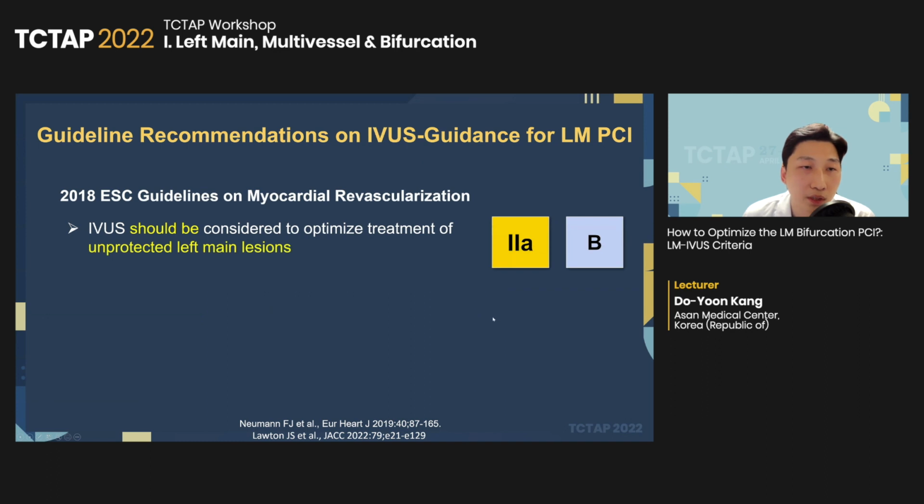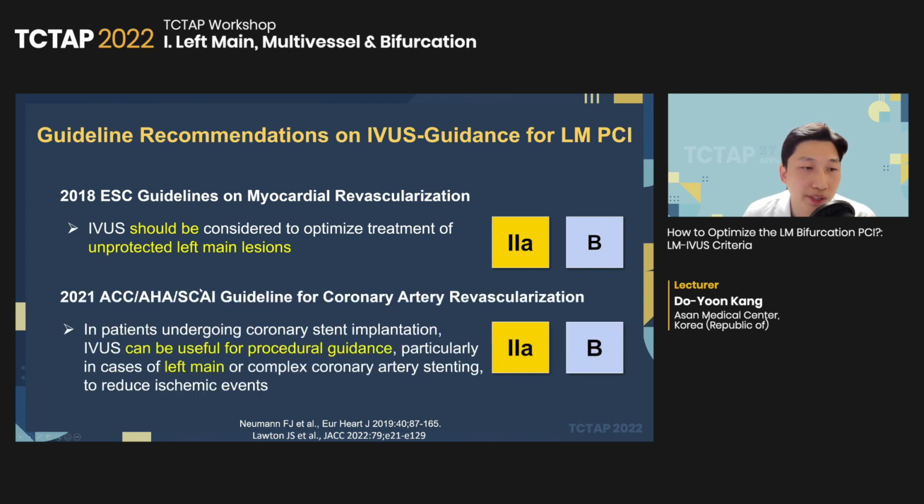Therefore, with this strong data, the 2018 ESC guideline recommends IVUS should be considered to optimize treatment of unprotected left main lesions. And also, the recent US guideline recommended IVUS as a 2A recommendation to be useful for procedural guidance in cases of left main or complex coronary artery stenting.